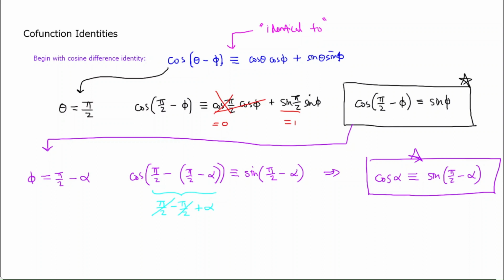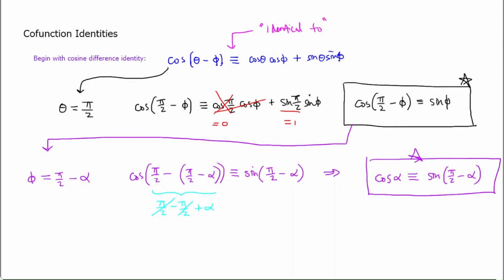Now, you may wonder why they're called cofunction identities. Well, you may have noticed that our trig functions come in pairs. We have a function with a name like sine, and then another function which has the prefix co in front, cosine. Secant, cosecant, tangent, cotangent. Coincidence or conspiracy? Well, it's not a conspiracy, but it's not a coincidence either.